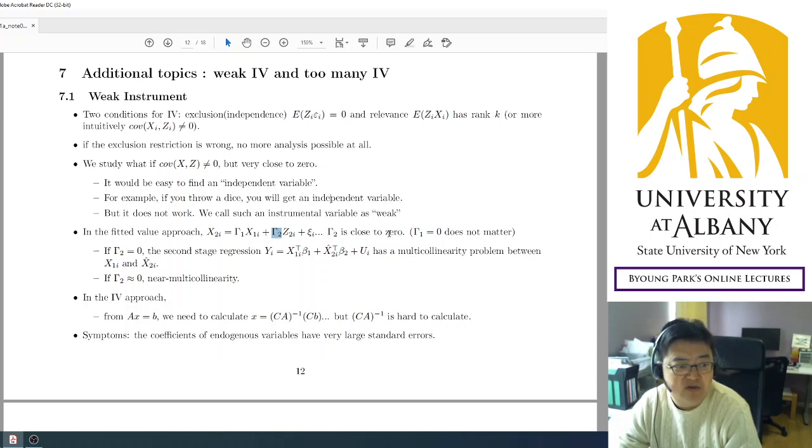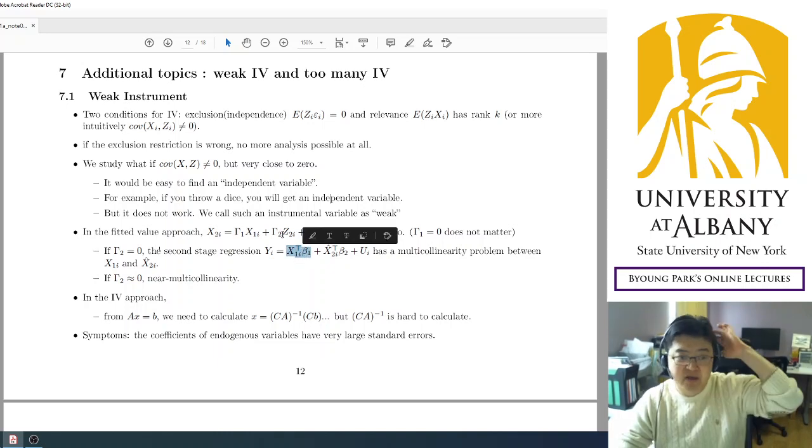If gamma 2 is close to 0, then in the second stage regression, the problem is x hat, which is defined as this, does not have a component of Z2. So x hat will be almost identical to gamma 1 x1 if gamma 2 is 0. If gamma 2 is close to 0, then x2 hat will be very close to gamma 1 x1, which is multicollinear with x1 beta 1.